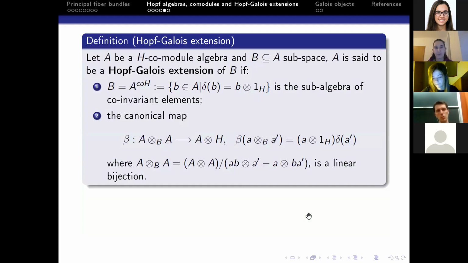Finally, we have the definition of the algebraic structure defined by a principal G bundle. Consider A to be an H-comodule algebra.